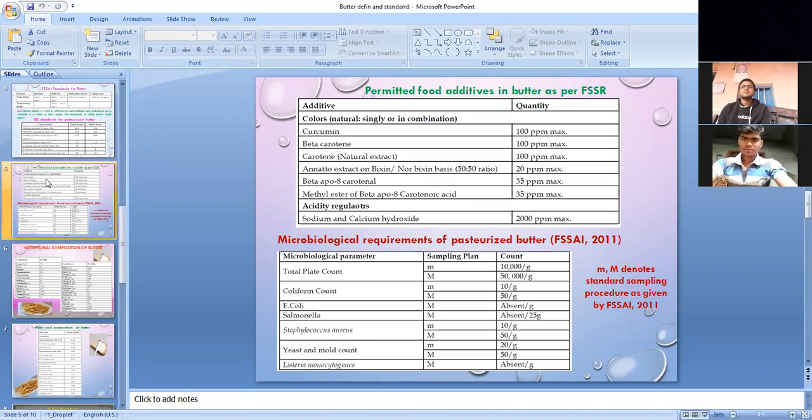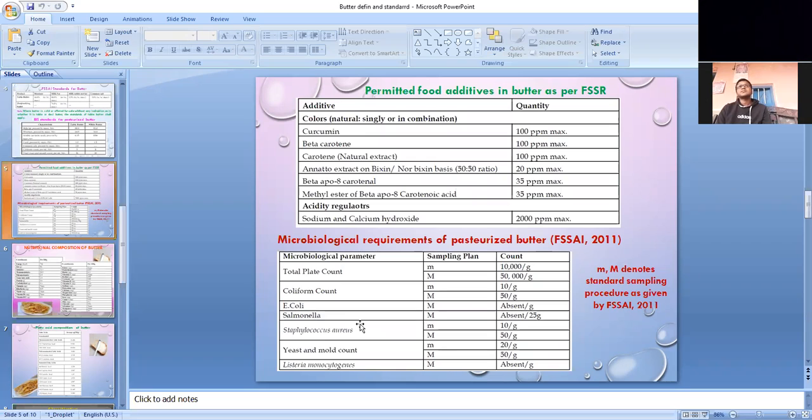E. coli must be absent. इसी तरह salmonella. Salmonella क्या करता है? They create typhoid, paratyphoid, salmonellosis. These are foodborne diseases spread through salmonella. Salmonella तुम जो अंडा है, कच्चा अंडा में भी, there may be chances of spread of salmonellosis.